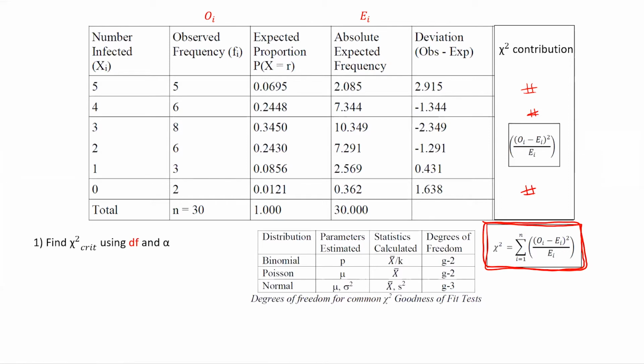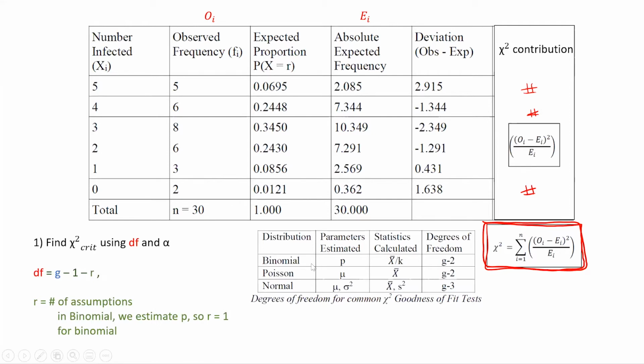When we're solving these using the tables, the first thing we have to do is find our chi-squared critical value using degrees of freedom and alpha. For the goodness of fit test, the degrees of freedom is a little weird, depending on the distribution you're comparing against. So the general equation is this: degrees of freedom equals G minus 1 minus R. G is the number of groups your data has been split into, and R is the number of parameters that you are estimating.